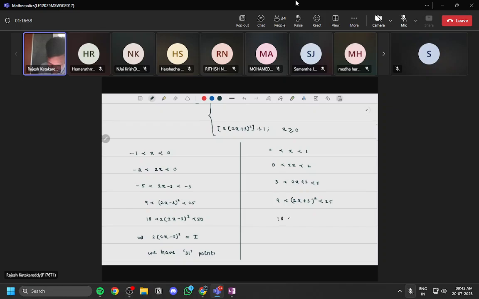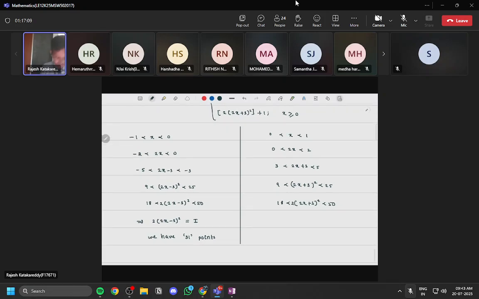Then 18 less than 2 times (2x plus 3) whole square less than 50. Now this function also has how many integers? 31, right? 2 times (2x plus 3) whole square equals an integer. We have 31 points. So total 31 plus 31, that is 62, need to be verified at 0.